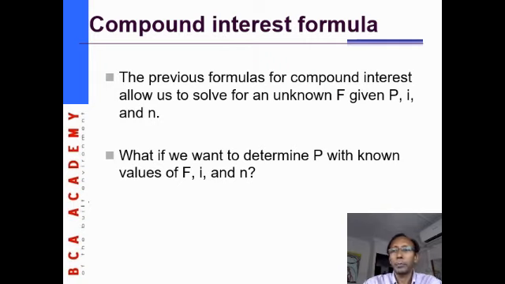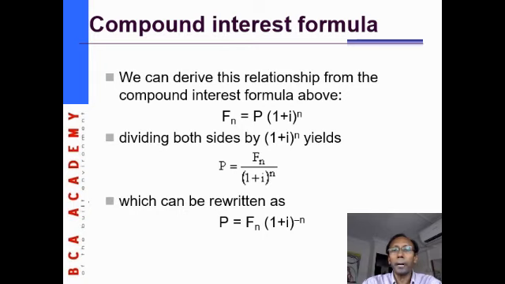So for this, we use the same formula as we have learned: future value is equal to present value times (1 plus i) to the power of n. The same equation. If I don't know the value of P, then what you do is rewrite the equation with P on the left side.